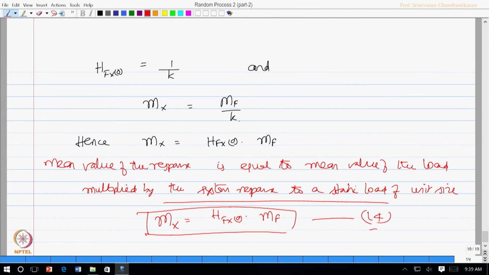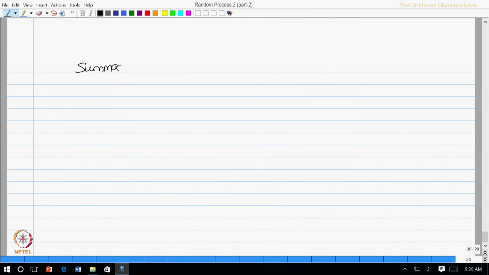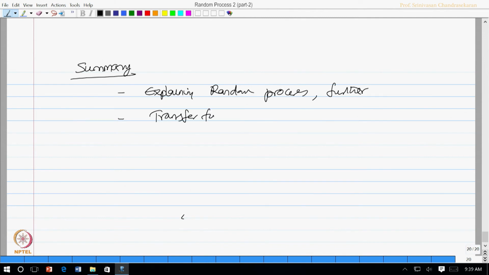Equation 14. Let us quickly see what summary we learnt in this lecture. We started with explaining the random process further. We explained the transfer function or the impulse response function, which connects the load and the response.